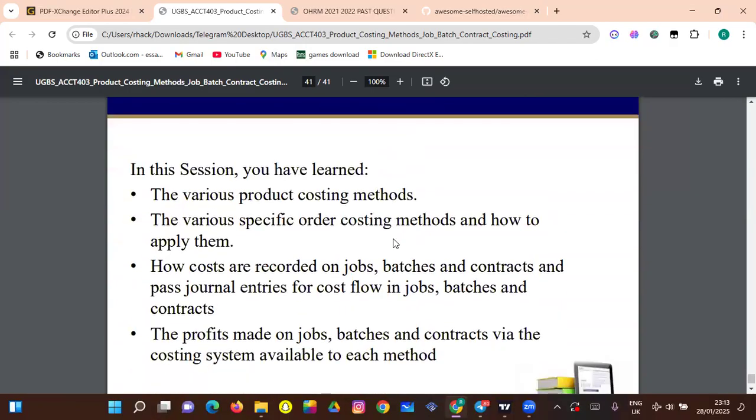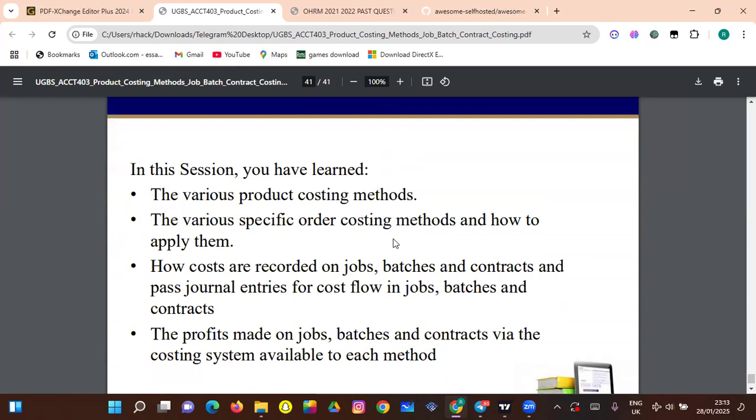So in this section, we have explained the various product costing methods, which are the job, the batch, and the contract costing. And we've also spoken about the various specific order costing methods and how to apply them.